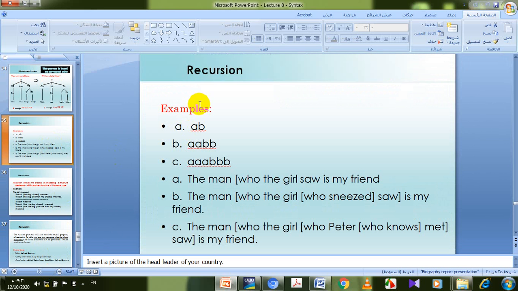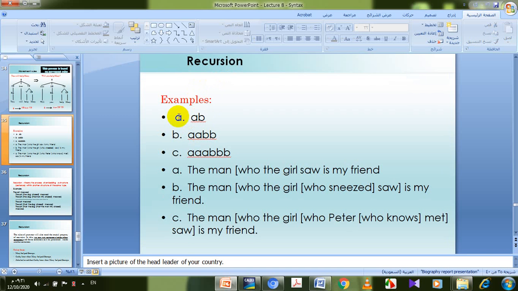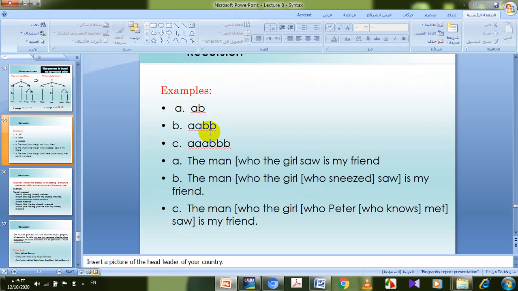Next, recursion. What is recursion? Examples of recursion: A, B, B, A, B, B. Duplication: C, A, B, B, B. The man who the girl saw is my friend.